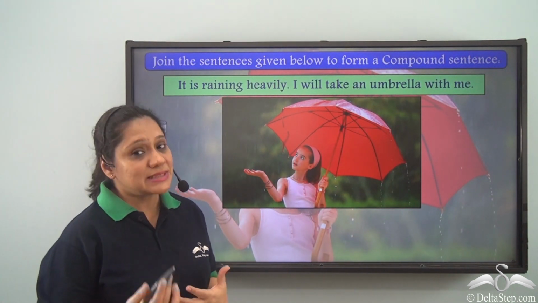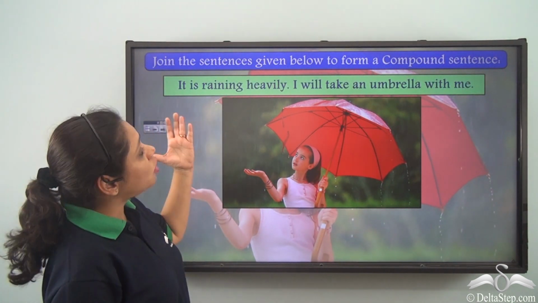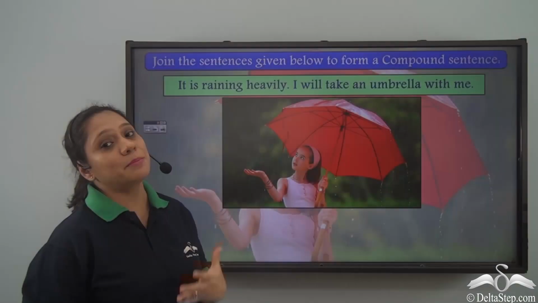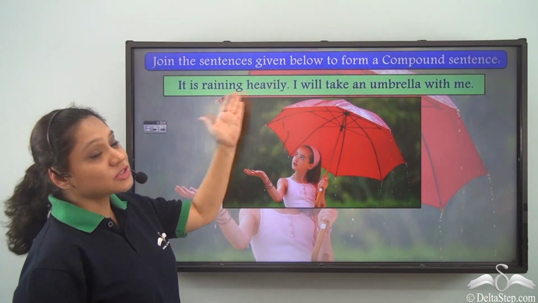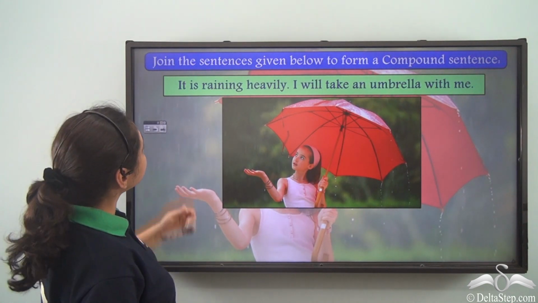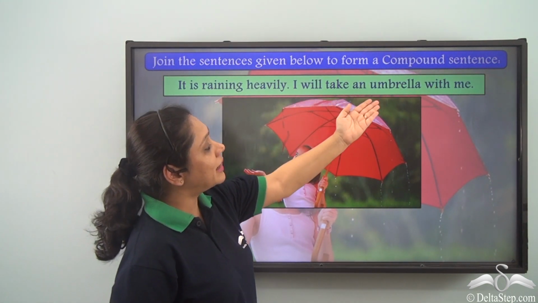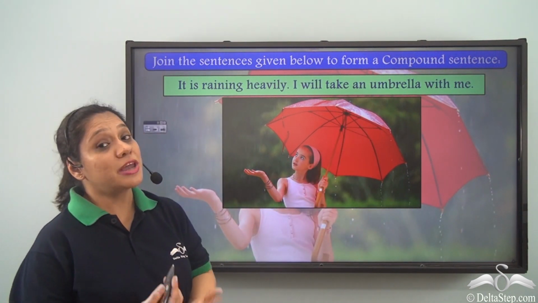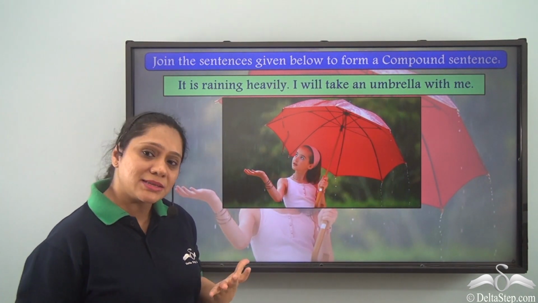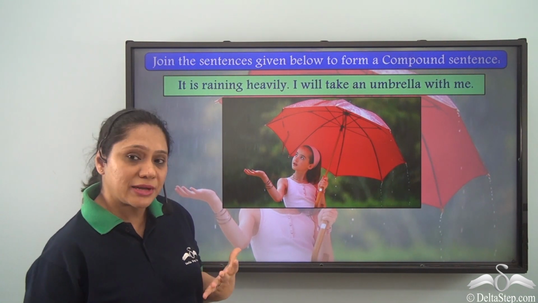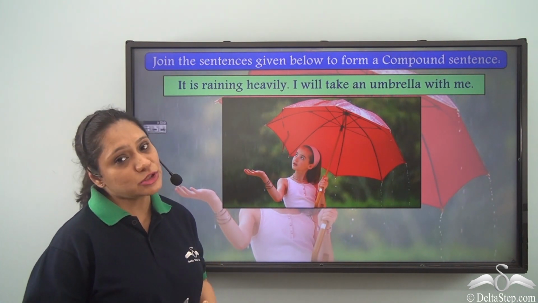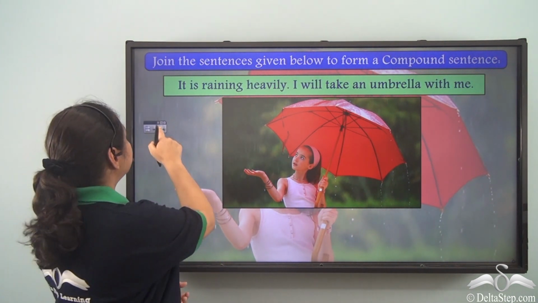Now that you have seen a few examples to join simple sentences and make a compound sentence, let us try to do this exercise. It is raining heavily. I will take an umbrella with me. Now here also, both the sentences are showing a cause and effect relationship. So how will we join the two sentences?